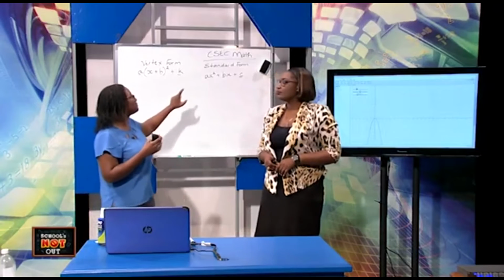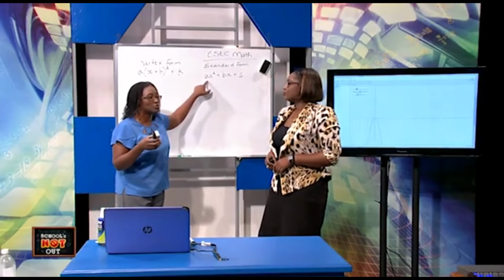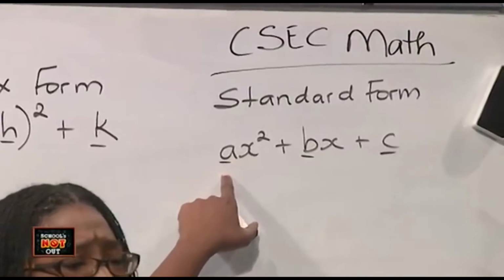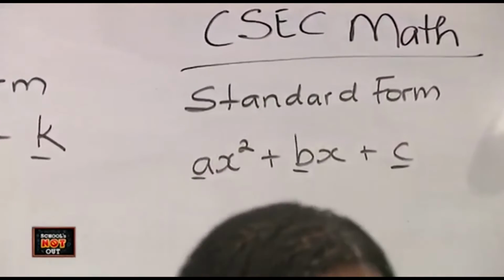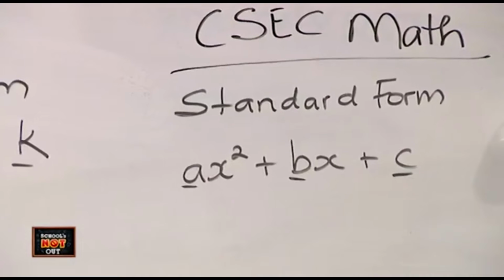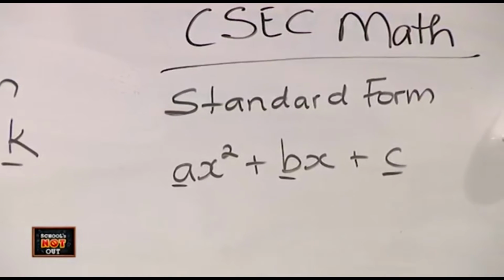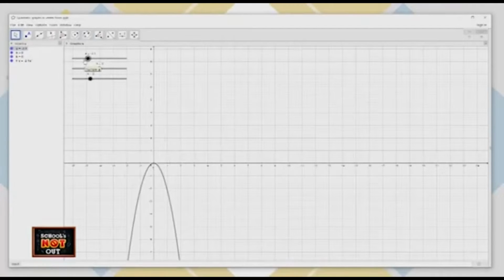Now, I wrote this here because I want us to focus a little bit on the standard form. What would happen if our A value is 0? So let's see what happens. We're going to zoom back to the screen and see what is happening when our A value is 0.